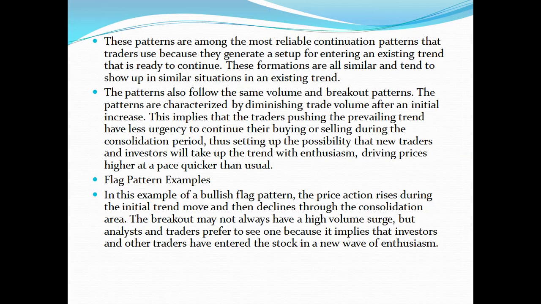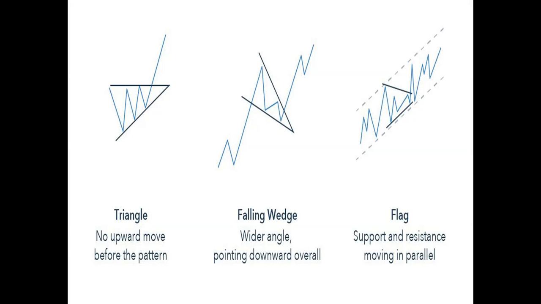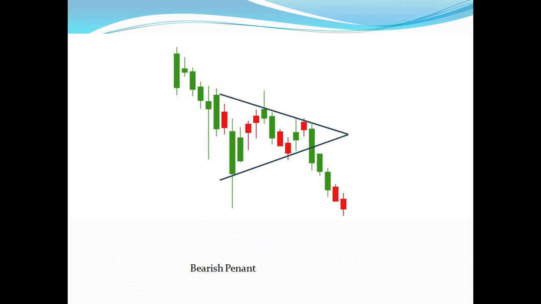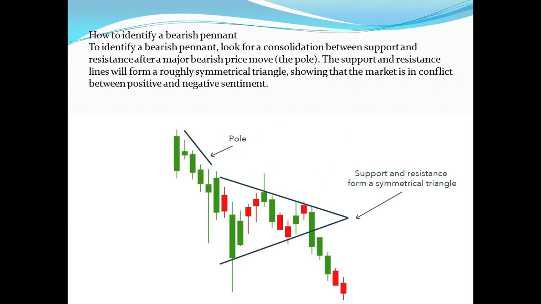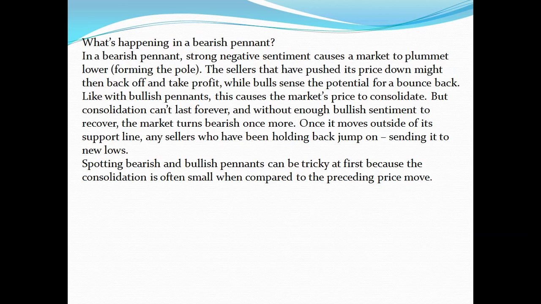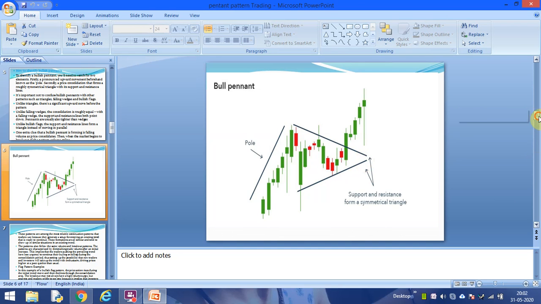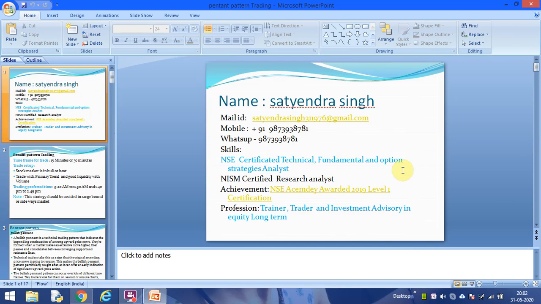This is a pole kind of information. Then I showed you the triangle, which I already covered, and the falling wedge; flag I will let you know. And remember, in a flag, support and resistance move in parallel. Then you see this is a bearish pennant. This is a breakout of the support line, and the difference I already showed you. So friends, this is from my end about the pennant.